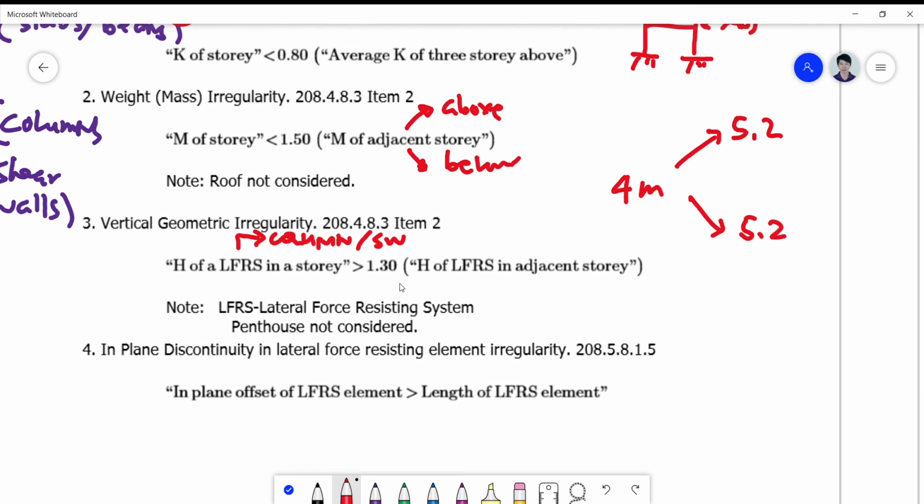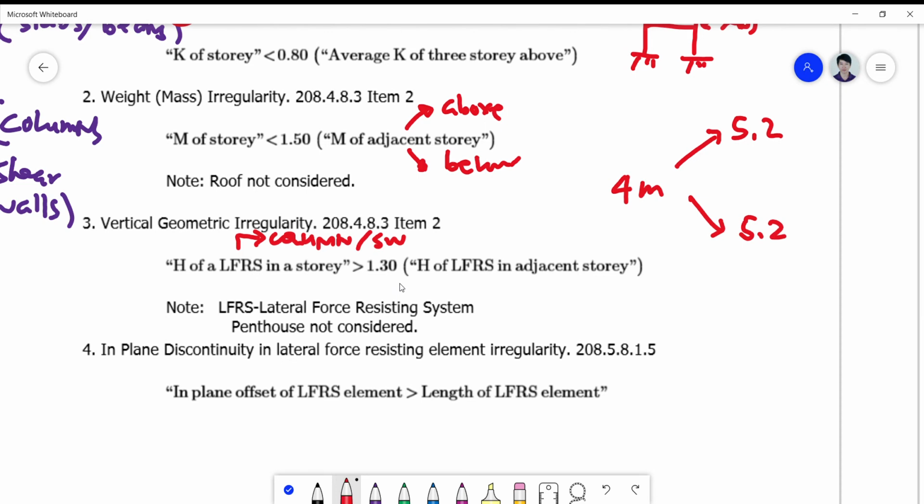And the National Structural Code of the Philippines is a law that serves as guidance for each and every structural engineer to follow.